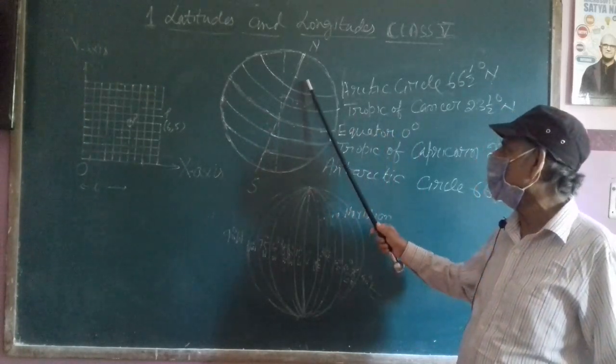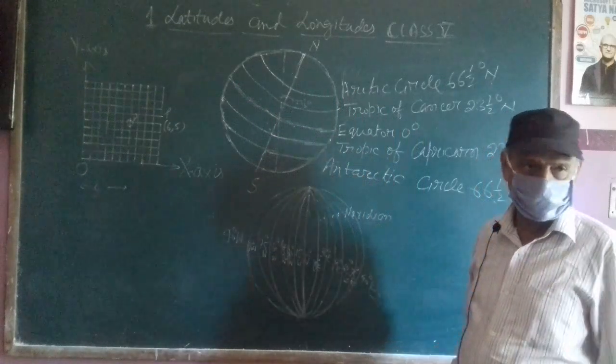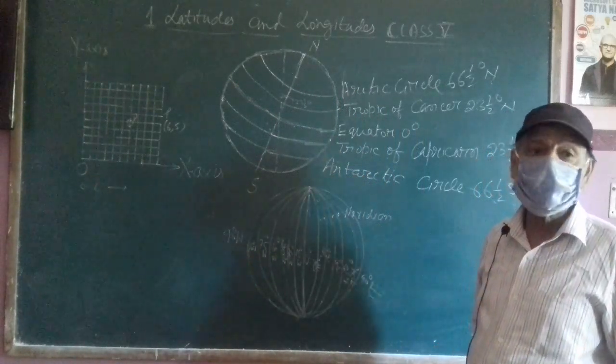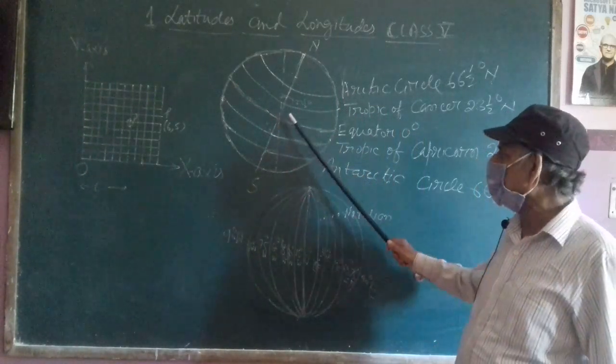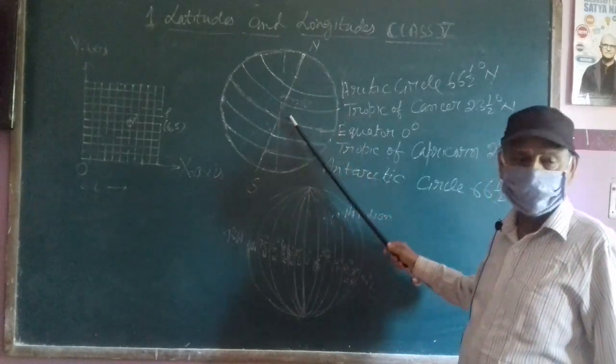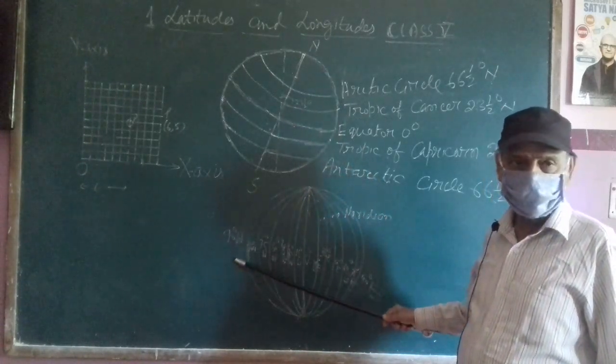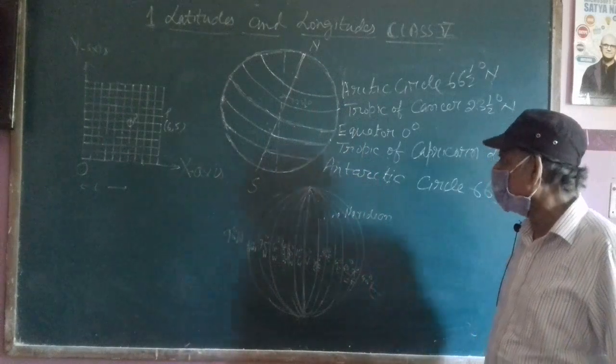So the total number of latitudes is 181. 90 in the northern hemisphere and 90 in the southern hemisphere, plus the equator, so total amounts to 181.